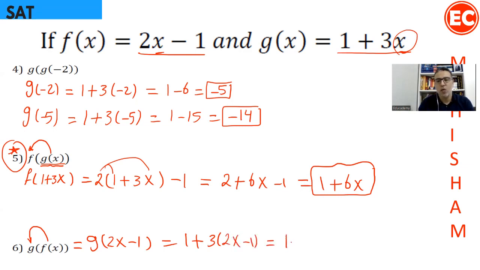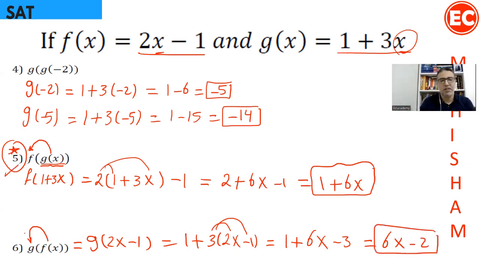So it's equal 1 plus, expand, so it's 6x minus 2. So notice for questions 5 and 6, the value of f of x and g of x is a function, a new function in terms of x.